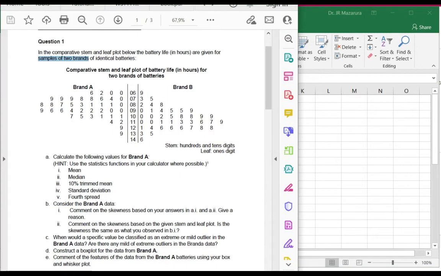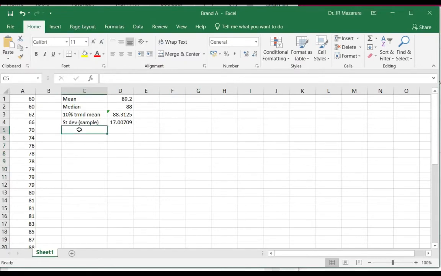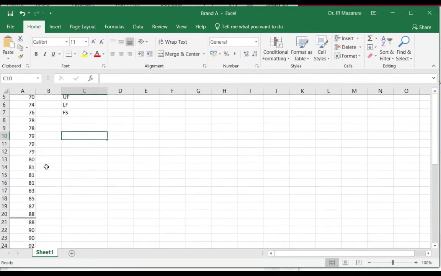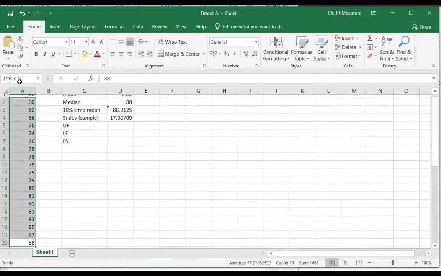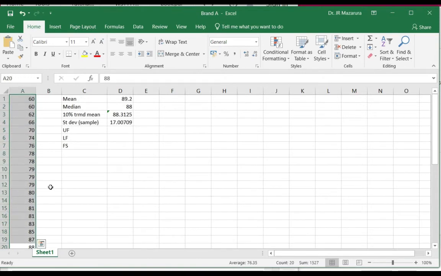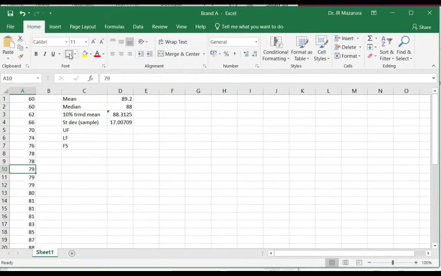And then for your fourth spread, you need your upper fourth and your lower fourth, and then your fourth spread. I'm going to call it FS. So for your upper fourth, remember you're taking this half here and dividing it in half. So that would be here at 10. I'm going to do a horizontal bar.